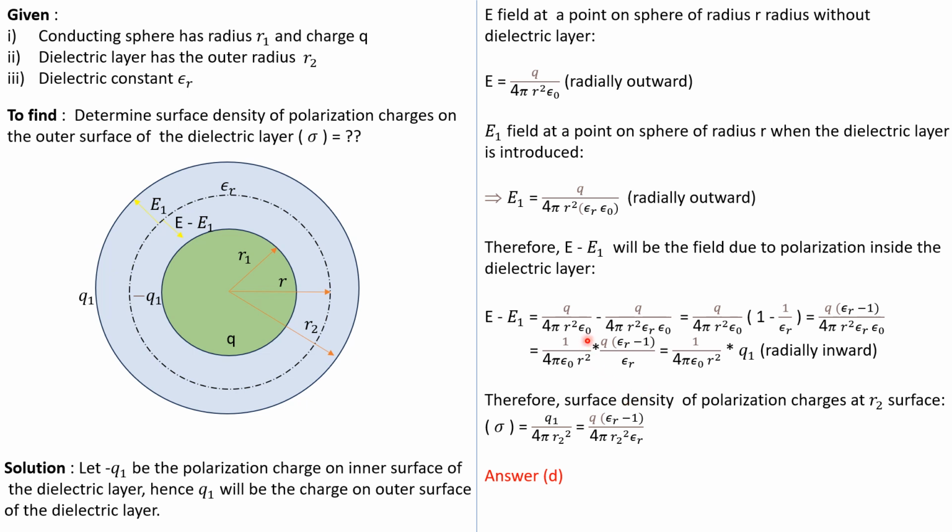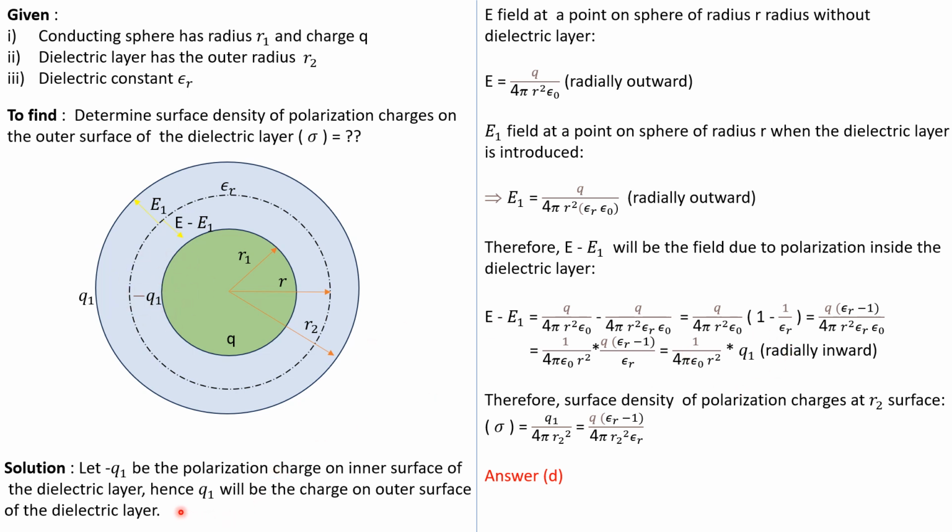If you see carefully, comparing with Coulomb's law, this entity Q into epsilon r minus 1 divided by epsilon r will be representing the charge, and this is nothing but the polarization charge.